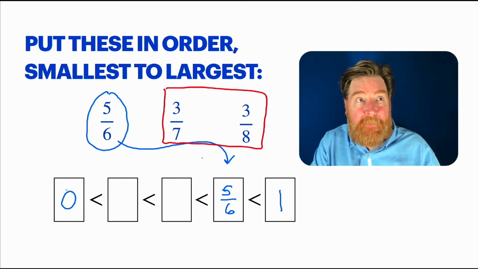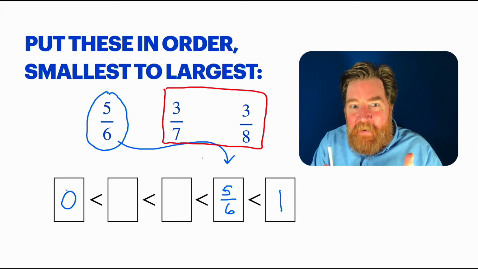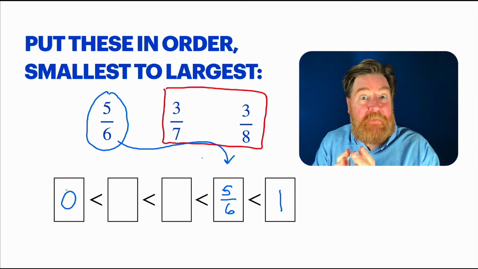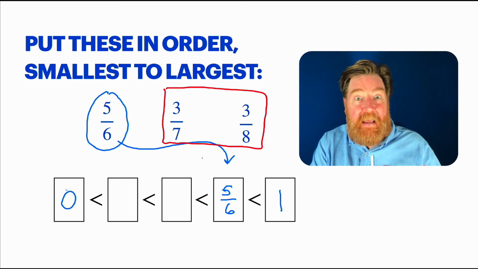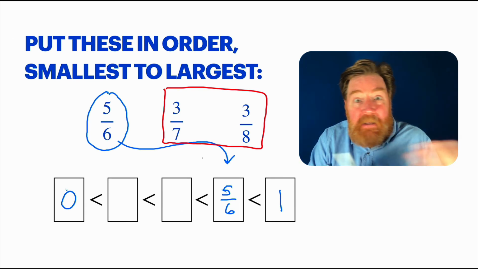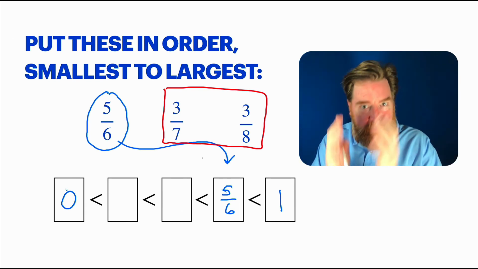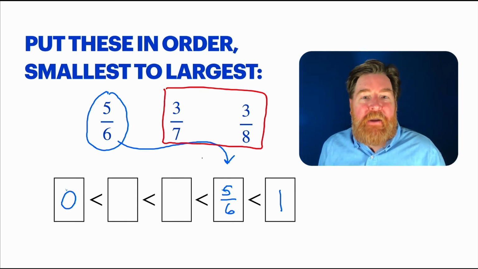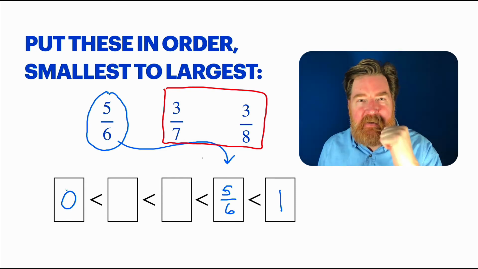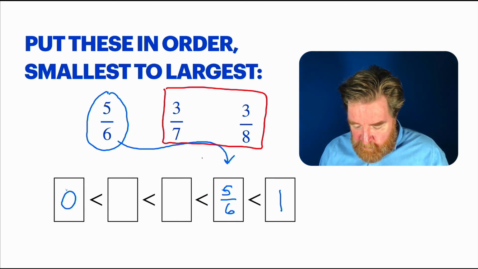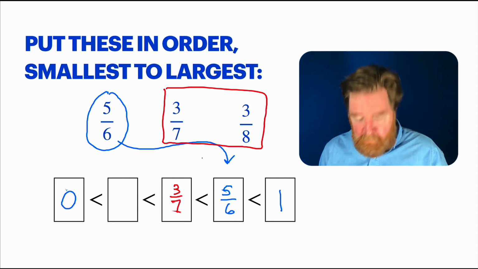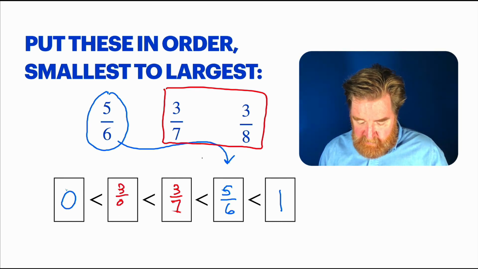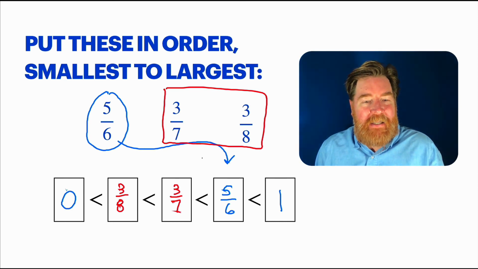Good, you guys are remembering. A seventh is a bigger piece than an eighth. So 3 of each of them, 3/7 is bigger than 3/8. Excellent. Good application. So 3/7 is the bigger of those two, and 3/8 we'll put in the lower slot there.